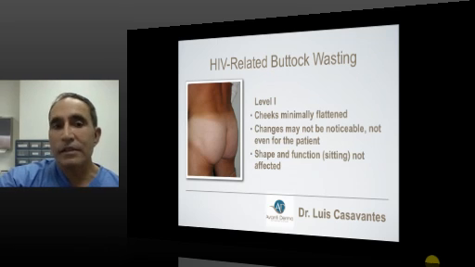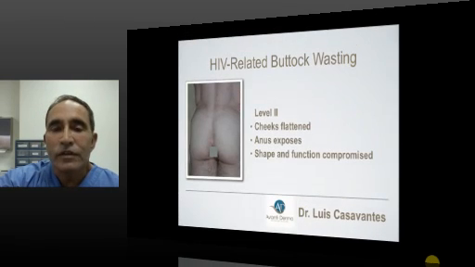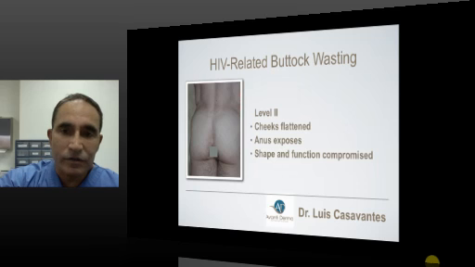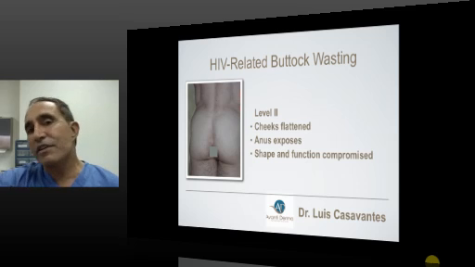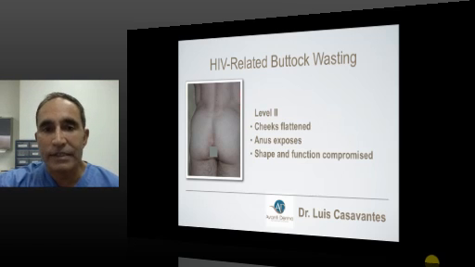The patient can sit with no problem. Level 2, the cheeks are flattened, the anus starts to be exposed, and both shape and function are already compromised. The patient cannot sit for longer periods of time, especially on hard surfaces.